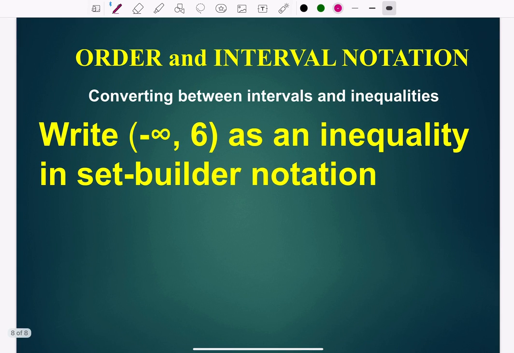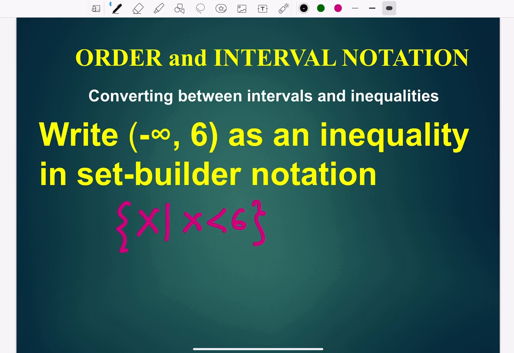Another example, we want to write -infinity to 6 as an inequality in set builder form. So it would be x such that, in this case, all the numbers to the left of 6 are allowed. x such that x is less than 6 would be the set builder form here. And it's an unbounded interval. We can see it goes on forever on the left-hand side.